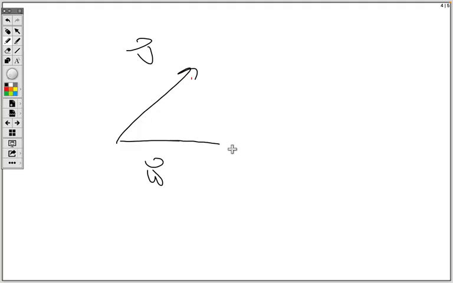There we go. So you can always decompose V into two vectors, a vector P and a vector Q, where P and Q are orthogonal. P is parallel to W, Q is orthogonal to W.